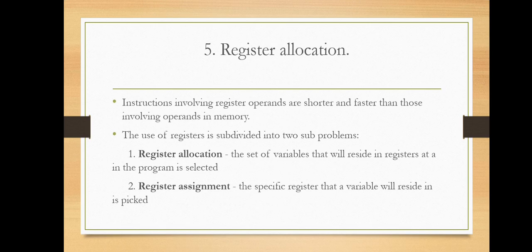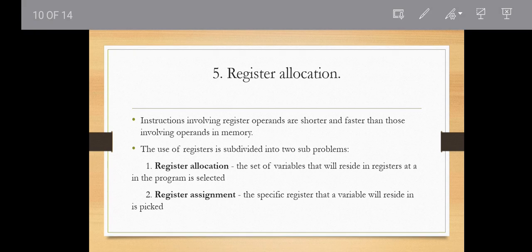The next design issue of the code generator is register allocation. Instructions involving register operands are faster and shorter than those involving operands in memory. Some operands are stored in registers and some are stored directly in memory, but an operand stored in a register is faster than an operand in memory.